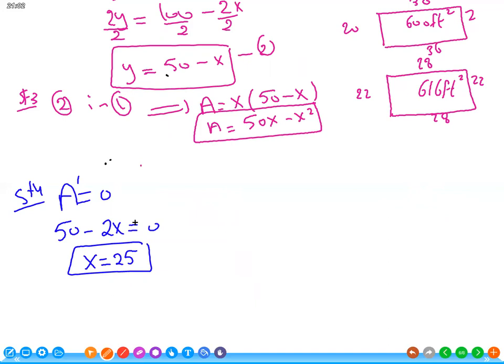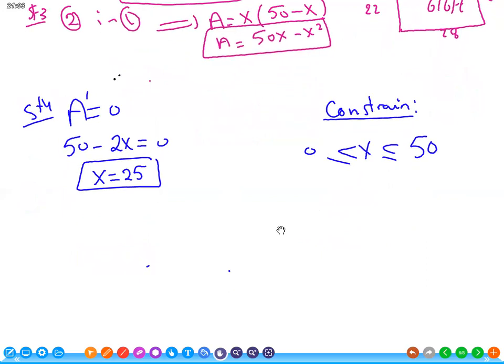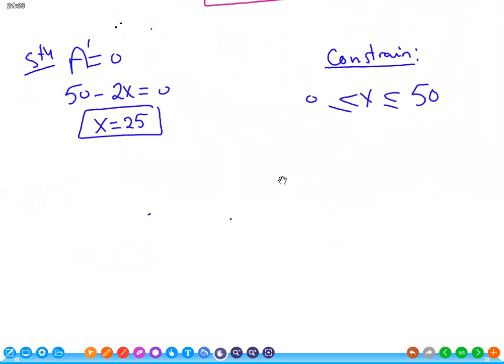And because the two sides of length x cannot exceed the total perimeter of 100, here we have a constraint or physical restriction. x will be more than 0 and less than 50. Because if we take one side 50 and the second side 50, it will be 100, and I have 4 sides, so it's impossible. Done? So at most it will be up to 50. At 50, it will be rejected.